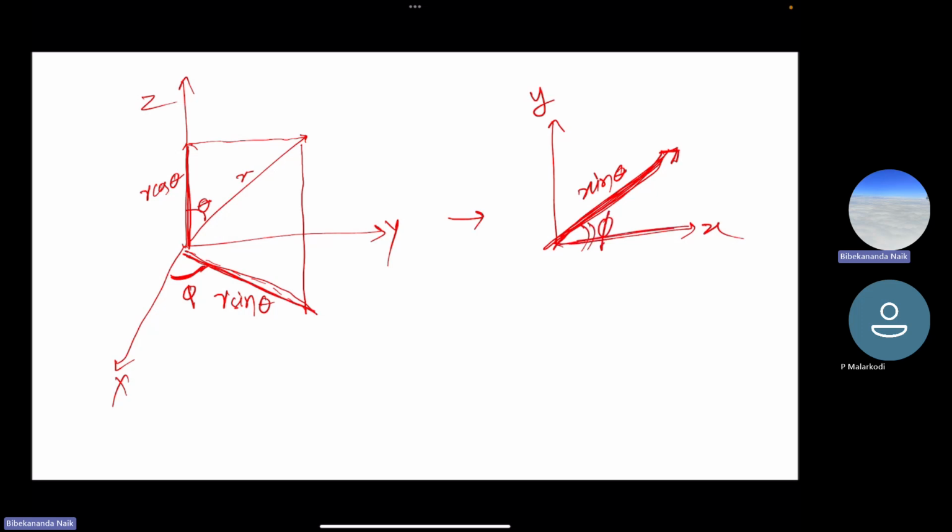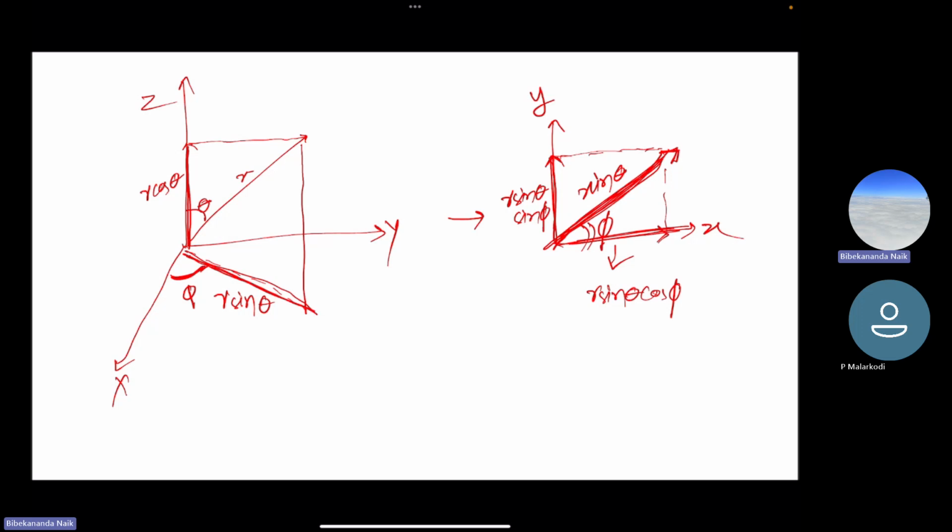So this component, like the projection, there will be two projections, one on x axis, one on y axis. So this component will be r sin theta cos phi, and this component will be r sin theta sin phi. So this is x, this is y, and this is z.